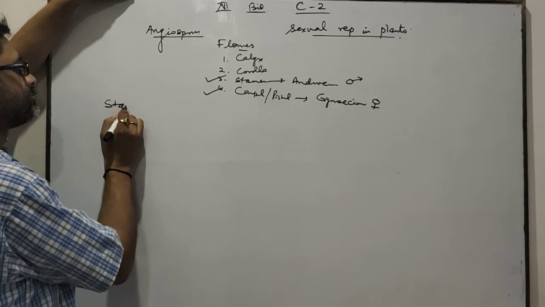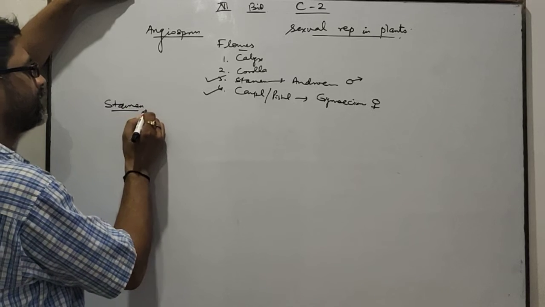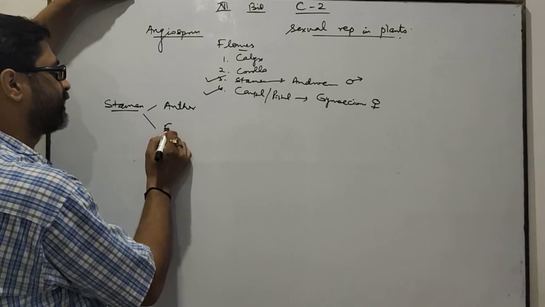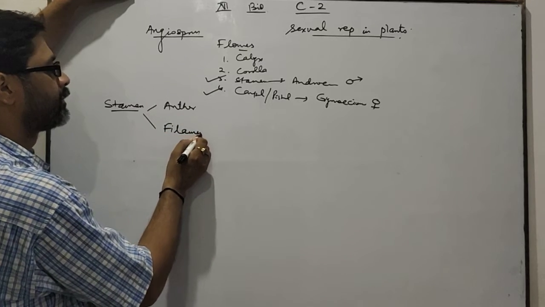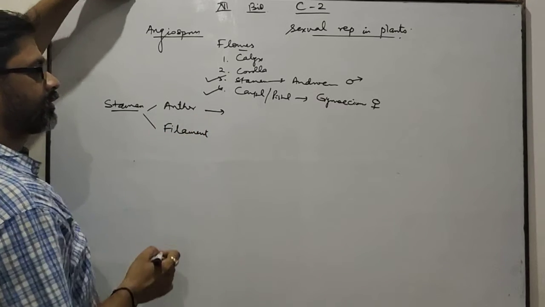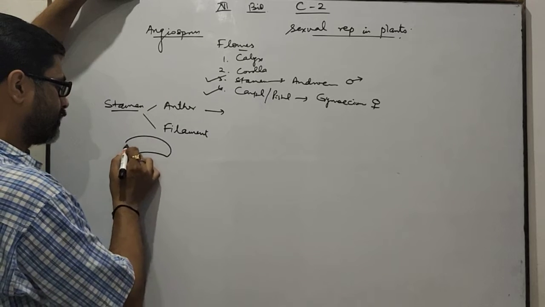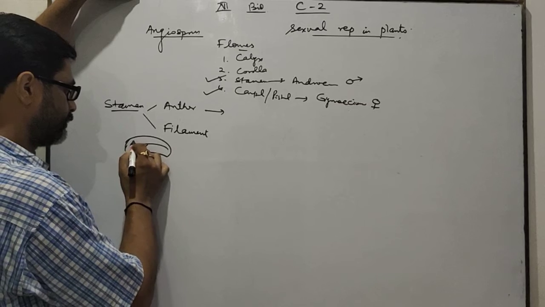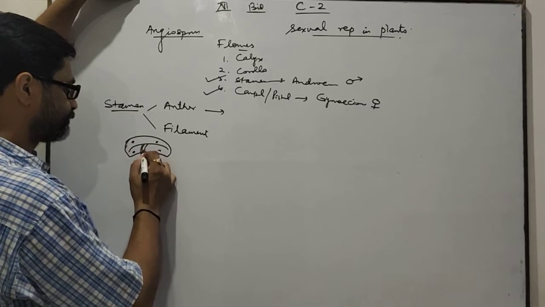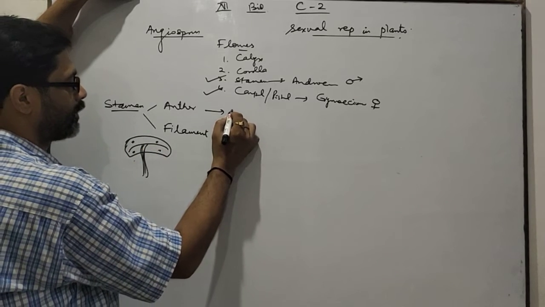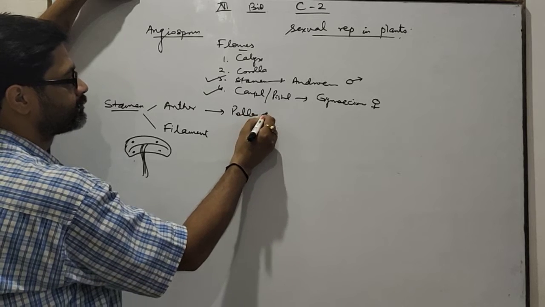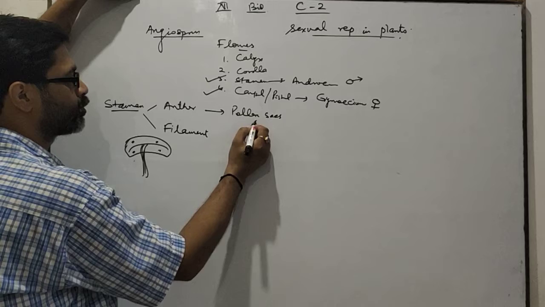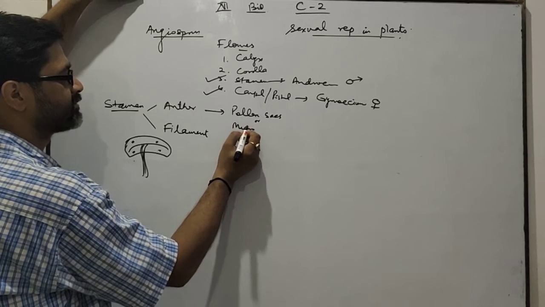Stamens are made up of two parts, anther and filament. Anther is the upper part like this, which contains pollen sacs, or you can say microsporangia.